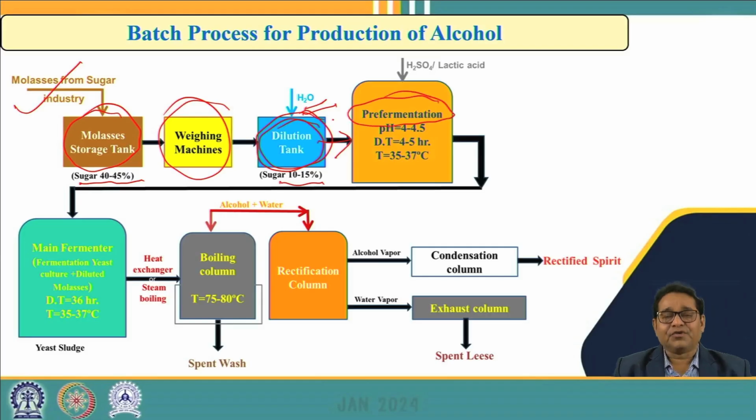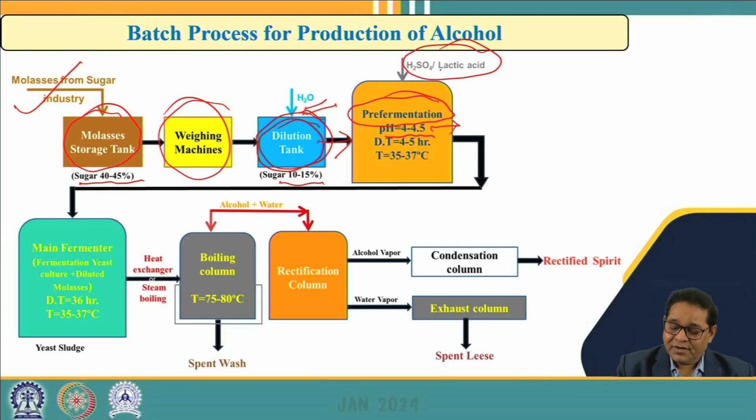The pre-fermentation process is carried out at a pH of 4 to 4.5, because this acidification is required for fermentation of the molasses. So we have to adjust the pH of the entire liquid to 4 to 4.5, and we have seen that some molasses are slightly alkaline in nature.